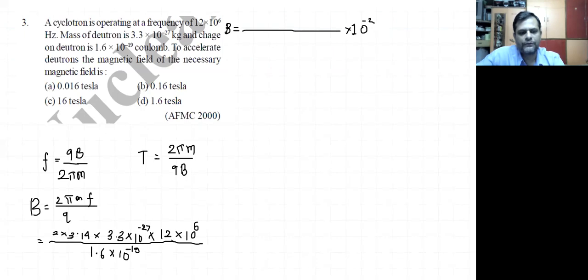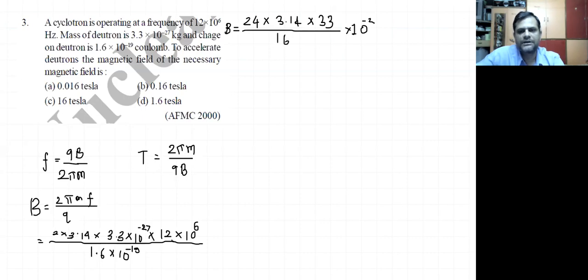तो 2 into 12 becomes actually 24, and if we just remove the decimal point from 3.3 and 16 here, then we can be able to write them as 33 upon 16. Okay, so यहाँ पे आ जाएगा 24 into 3.14 into 33 upon 16 as it is.